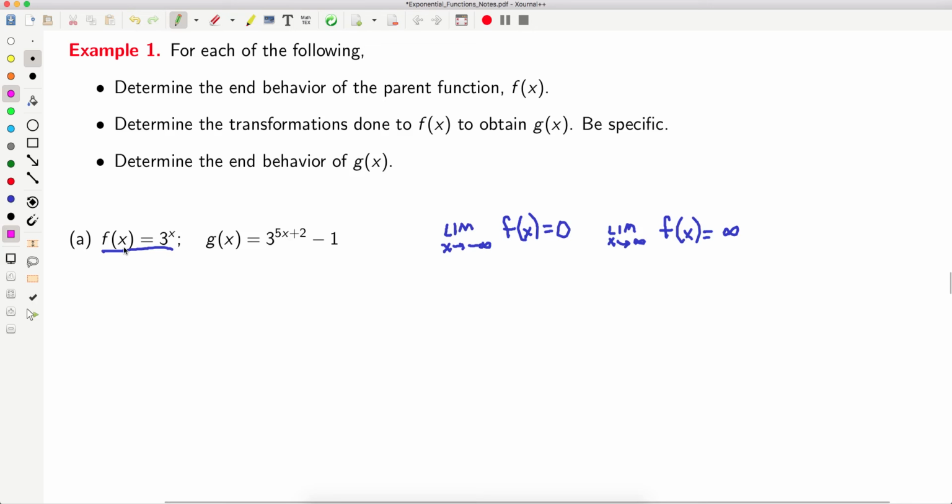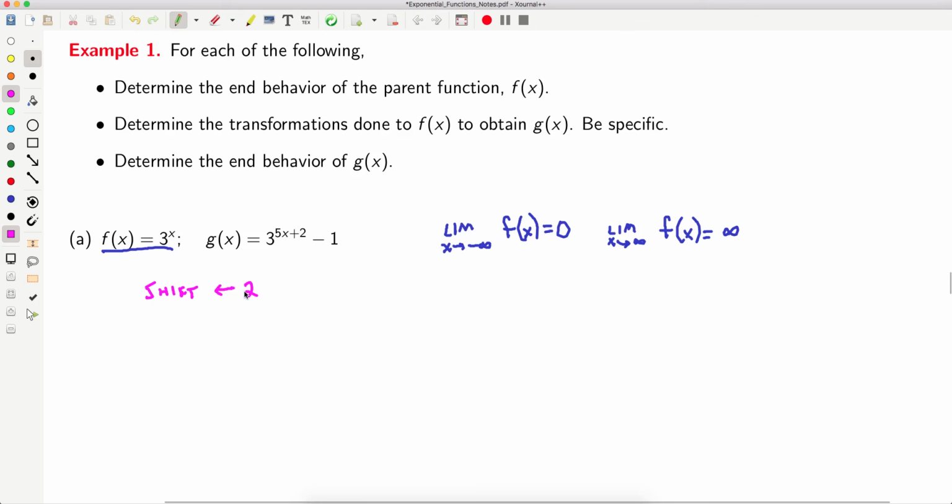So we're going to start by replacing the x with an x plus 2. If we look at f of x plus 2, we'll get 3 to the x plus 2 power. So we do have a horizontal shift. Adding is actually going to move it to the left, so we shift left 2 units.